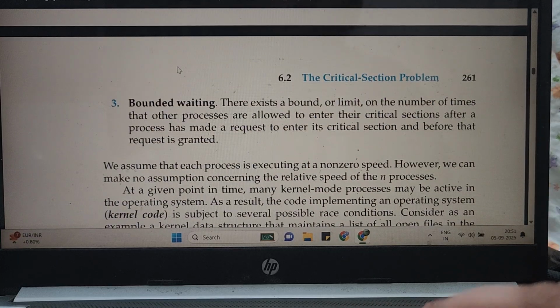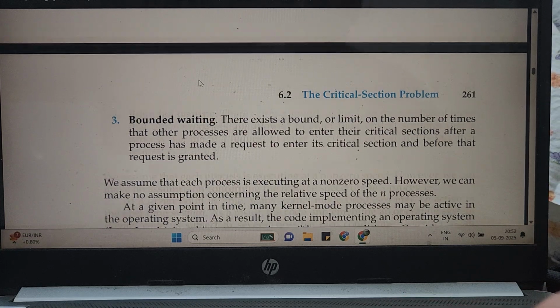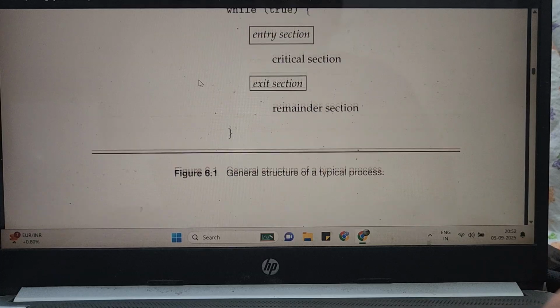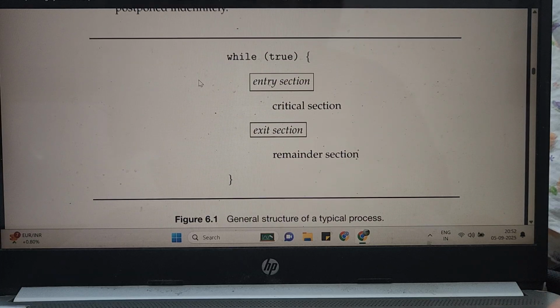And if one process is executing its critical section and the others are waiting, after a period of time, this process should stop, come out, and the others one by one should be let in. No process should have to wait indefinitely. So keeping these three in mind, we are going to see how we can design a system, and by system I just mean a set of rules, some logical framework that makes sure that all of these constraints are met. So that is the critical section problem, and in the forthcoming segments we will look at a couple of solutions to it.